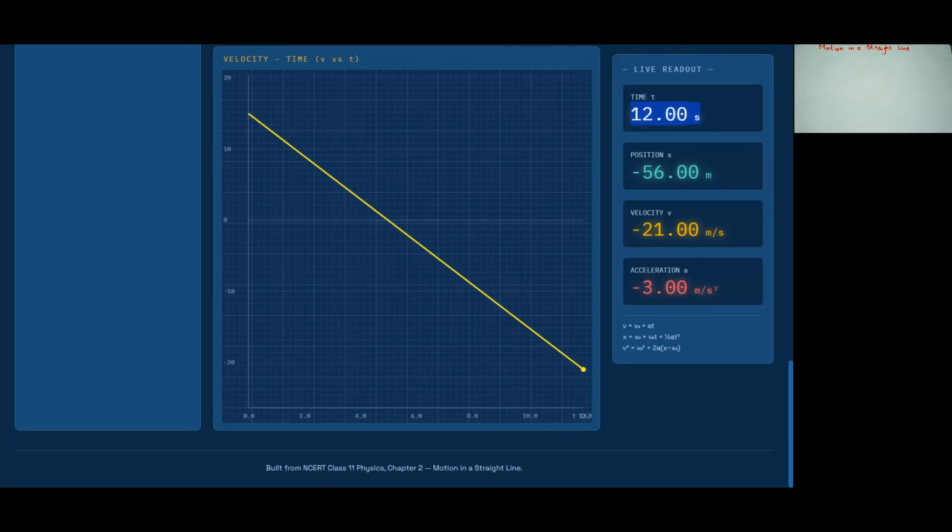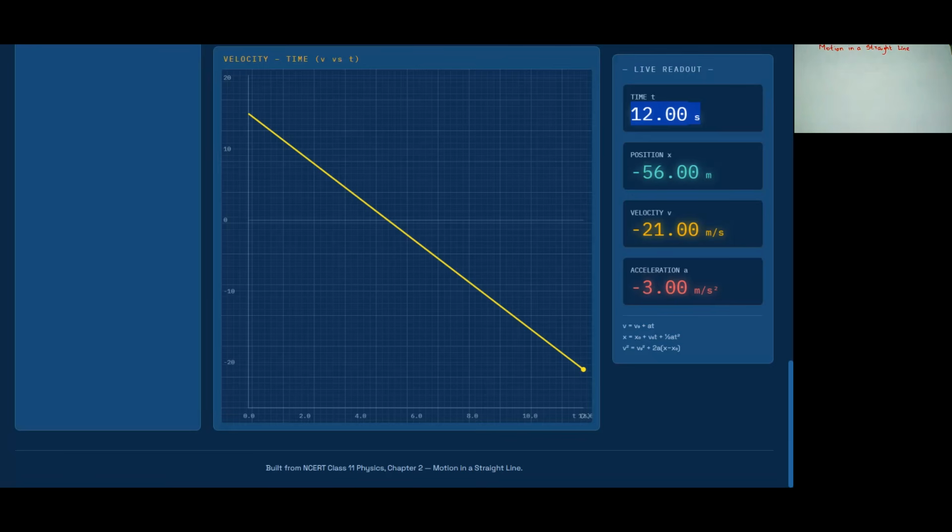Clear? Crossing 0 velocity at 5 seconds, it continues into negative values with the slope never changing. A straight sloped line is the fingerprint of constant acceleration. The slope itself is the acceleration.